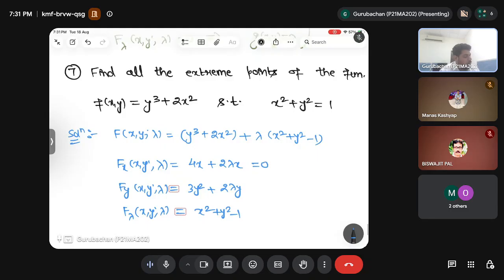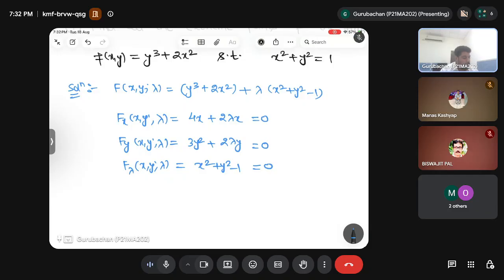So you need to put all these three equal to 0, then you will get some equation in lambda, or x in terms of lambda. From the first one, x is equal to 0 or lambda is equal to minus 2. From the second, y is equal to 0 or lambda is equal to minus 3y by 2.